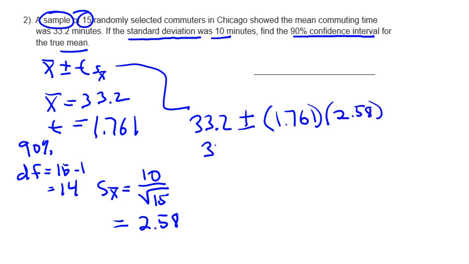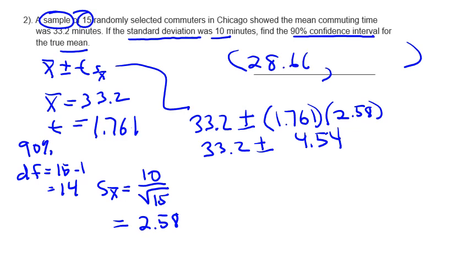We do our math. One time we'll add, one time we'll subtract, and that would be the actual 90% confidence interval. 28.66, 37.74. So that's problem number 2.